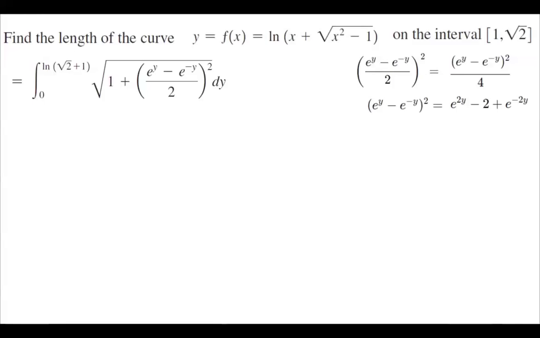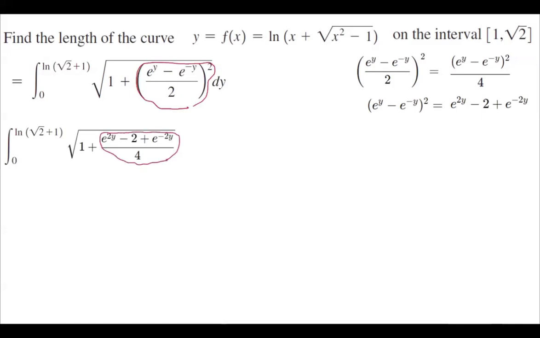So we're going to use these and write them inside the radical and simplify as much as we can. This becomes the square root of 1 plus e to power 2y, so this guy, to the second, which we wrote down as simplified version.